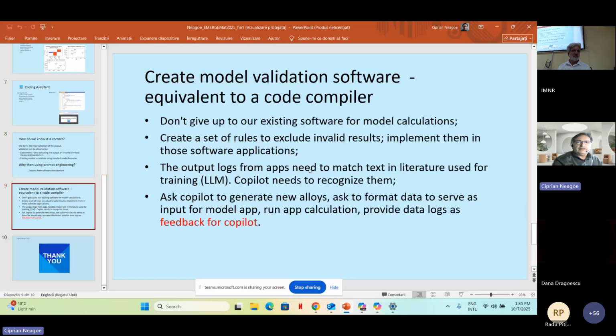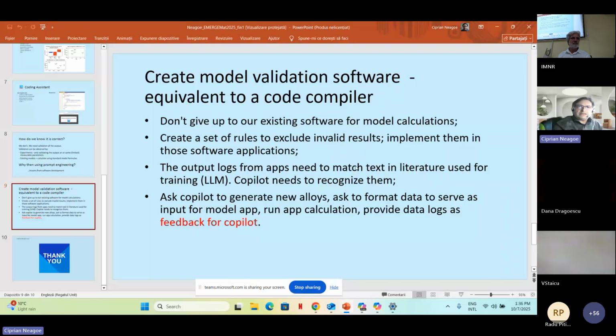We have there the compiler. The compiler, especially for those very strict languages, is the truth for what you wrote as code. If the compiler says it is not okay, you have some mistakes, then Copilot or another agent will immediately correct.